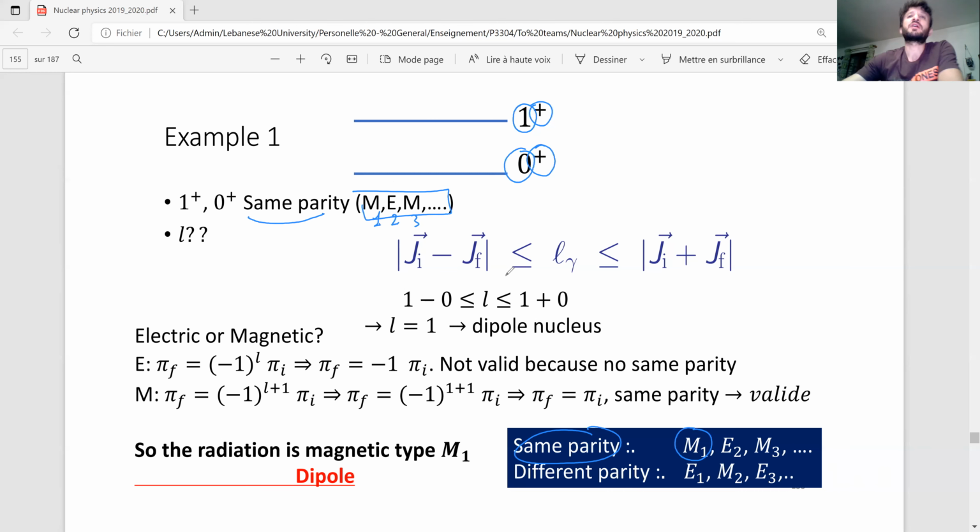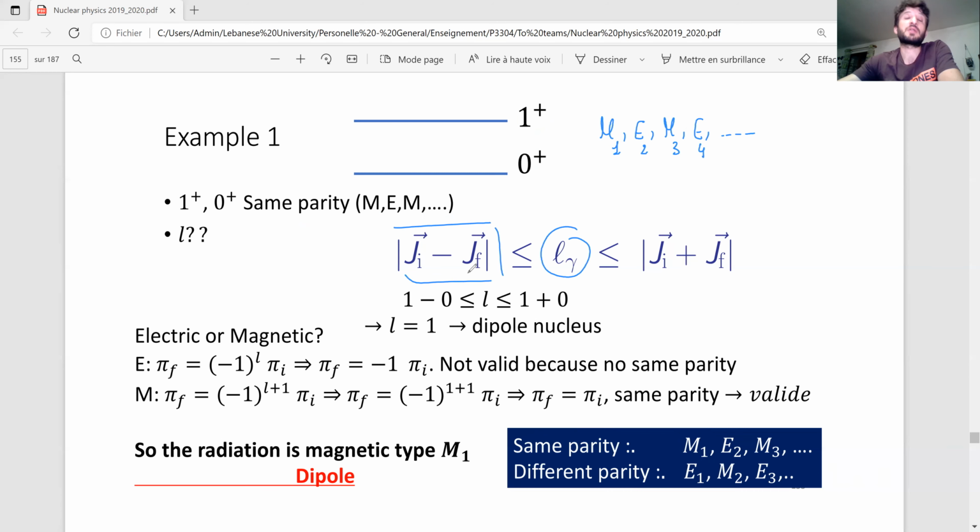Okay, here we have to calculate L. Now, I know we have M, E, M, E, etc., and we have M1, E2, M3, and E4. I need to calculate L, and here we have the range.